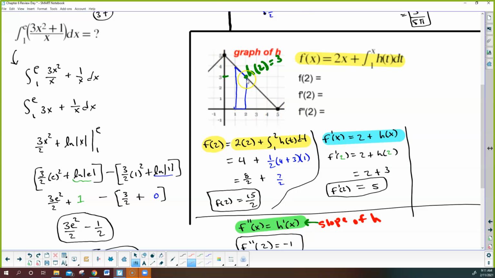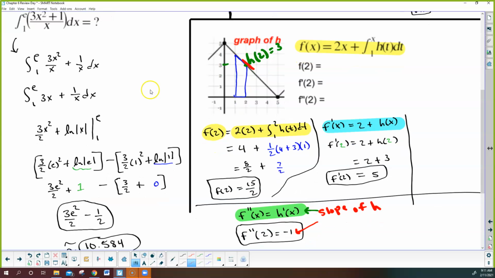So it's the slope of this graph, so I need to figure out what is the slope at 2. If I plug 2 in, the slope at 2 is down 1 over 1. So the slope is just negative 1.